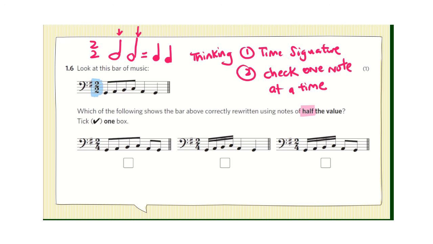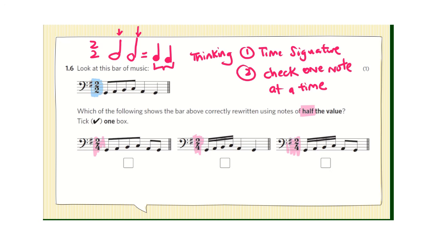So you do one note at a time. Based on these 2 crotchets, the new time signature will be as follows, and then you check whether the time signature is correct or not. In this case, the time signatures are all the same. Then you go and check the notes.